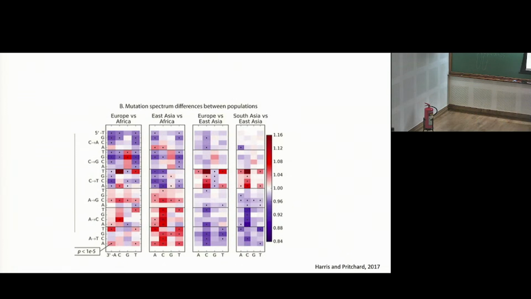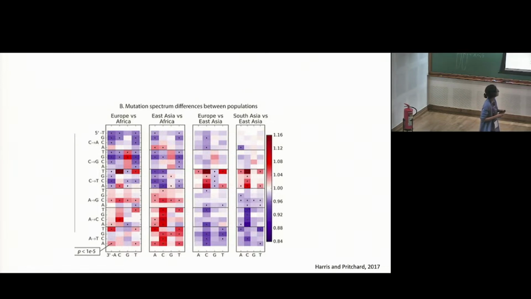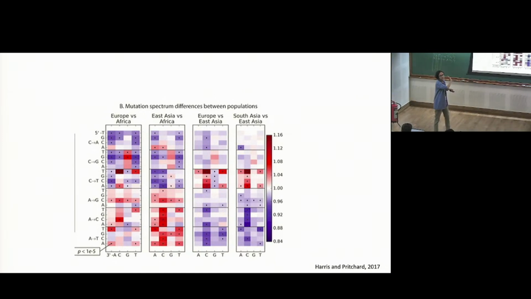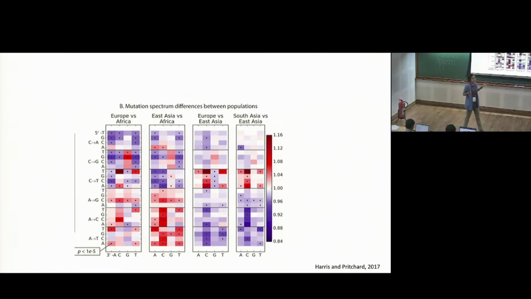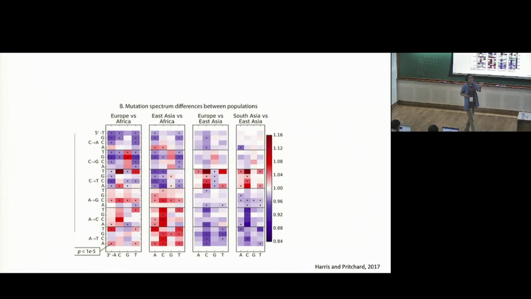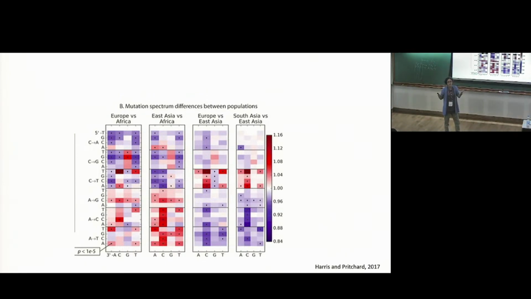How is the difference between the mutation spectrum between the populations calculated? What is the scale? This is the p-value, so this is a significance scale. In each population, you can calculate the number of times each kind of mutation occurs, and you're trying to say, is the number in Africans correlated with the numbers in Europeans?